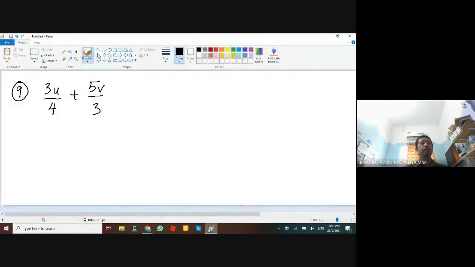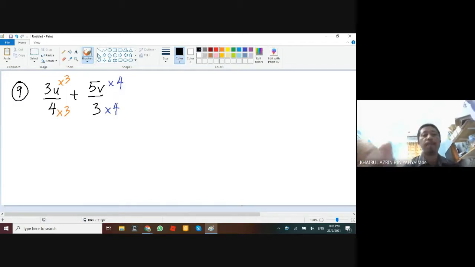Question number 9. Okay, so for this one we times with 3. The numerator we times with 3. However, for this one, 3 we multiply with 4, 5v also with 4, like that.